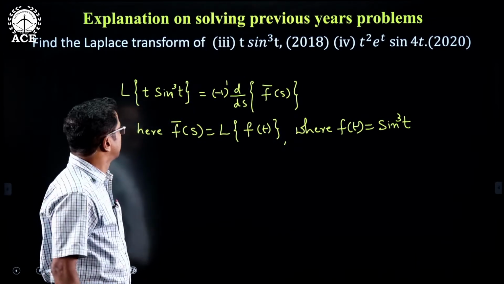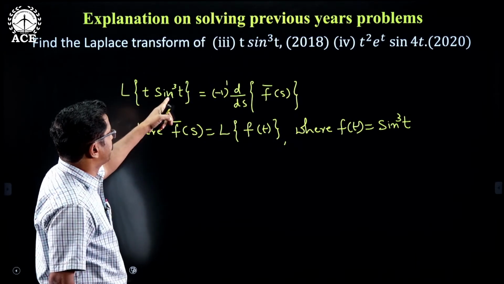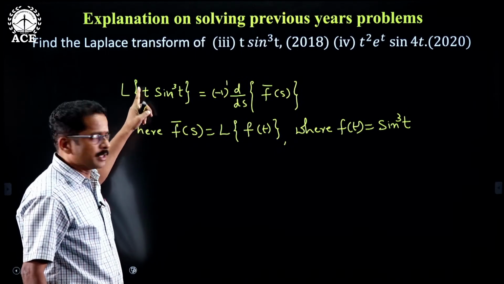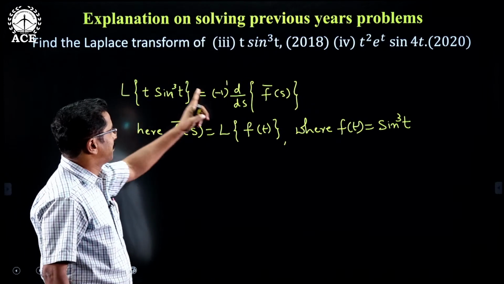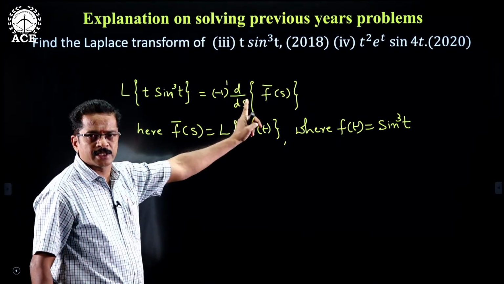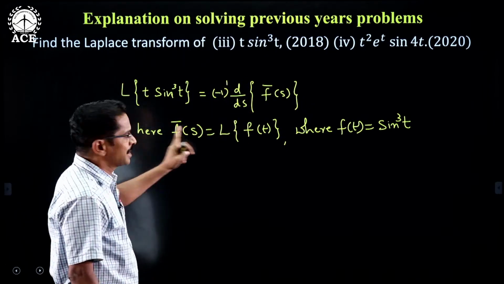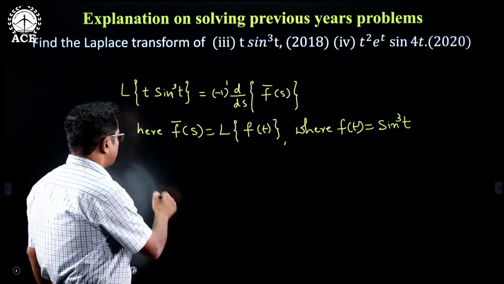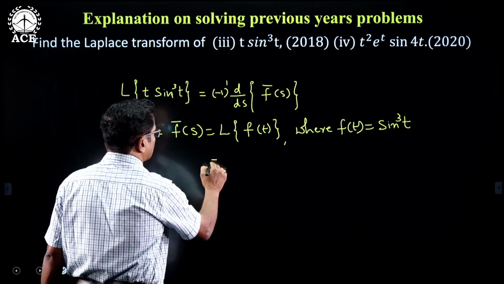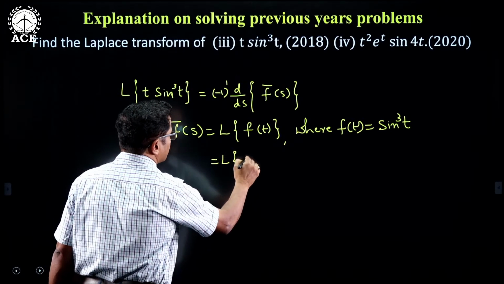L of t into sin cube t, under the Laplace transform of multiplication by t rule, I am applying, that is minus 1 into d by ds of f bar of s, where f bar of s means the Laplace transform of f of t, where f of t is sin cube t, which equals L of sin cube t.